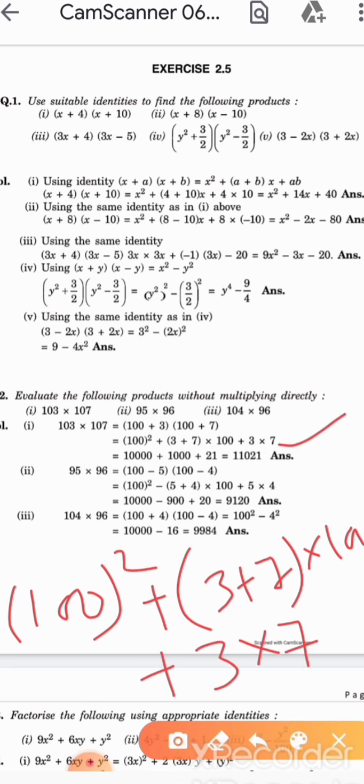Simplifying this step we get 10,000 plus 1000 plus 21, and adding all the terms we get 11,021, which is the answer of our product of 103 multiplied by 107 by using the identity.